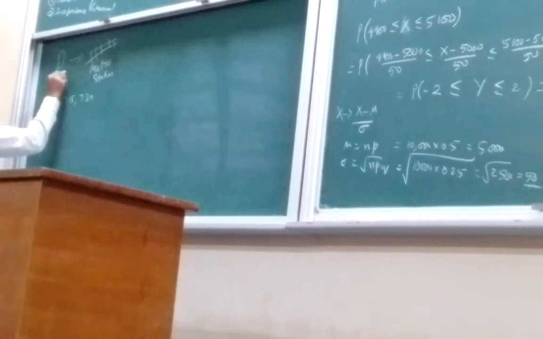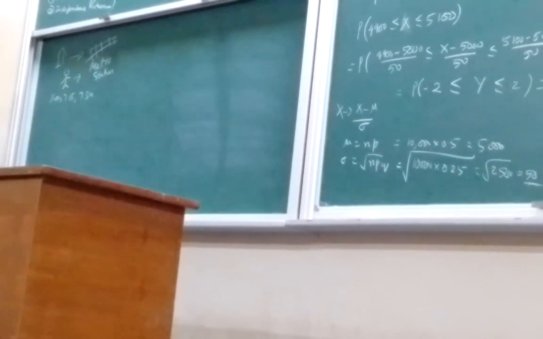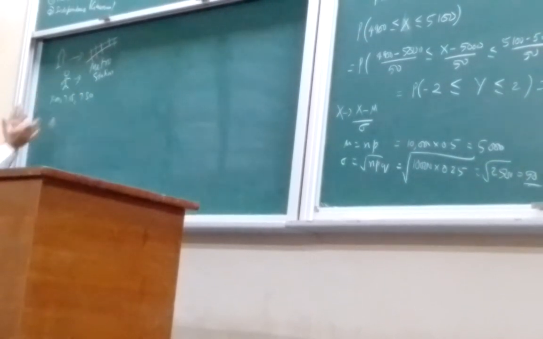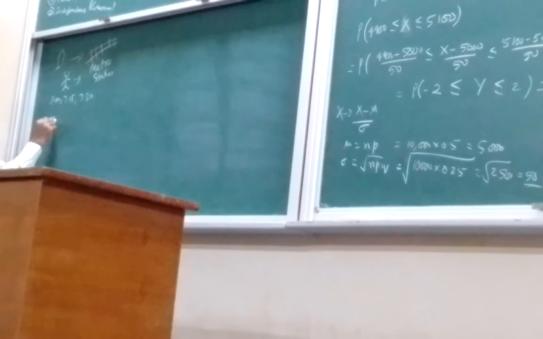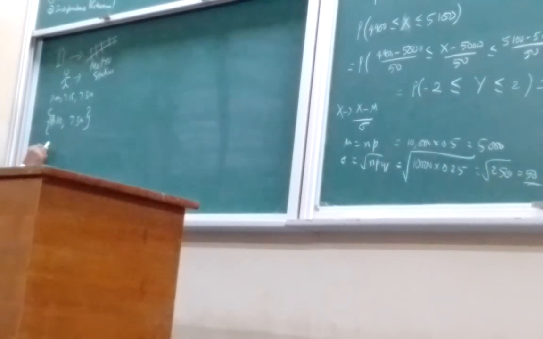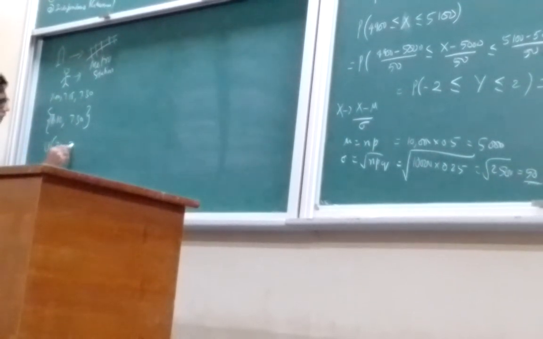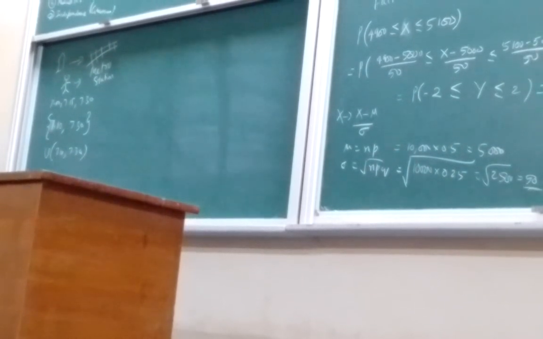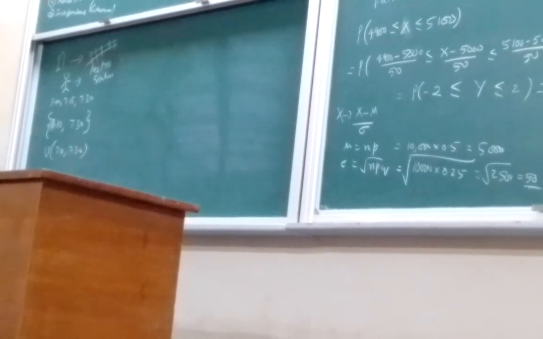You start walking down to this one, but the time you reach here can be between 7:10 to 7:30, and it is uniform in this interval. You go, you wait, the moment the train comes, you board and then go. So you will be waiting for some time. We would like to know the distribution of the waiting time.